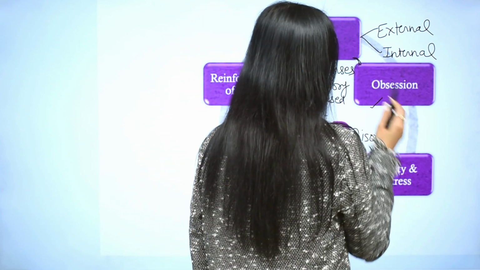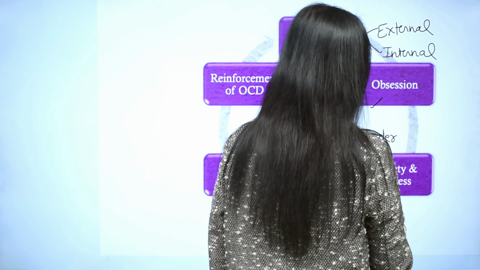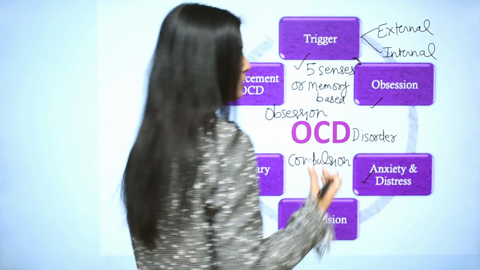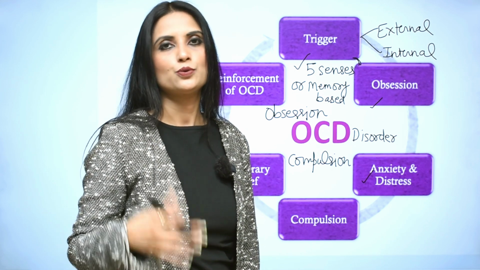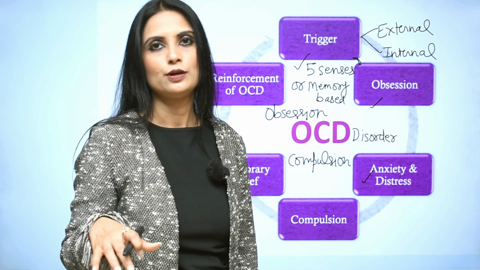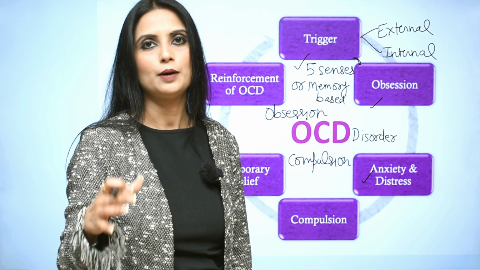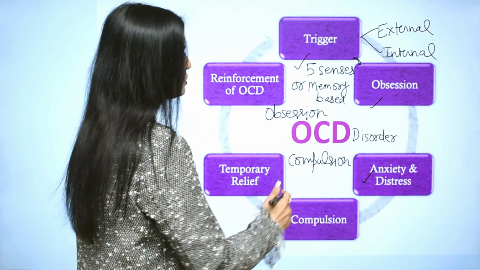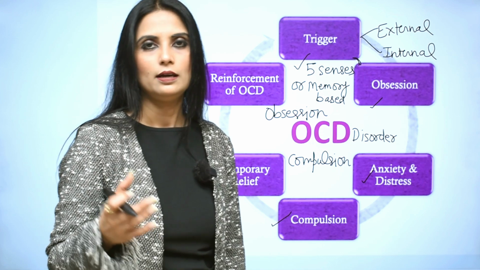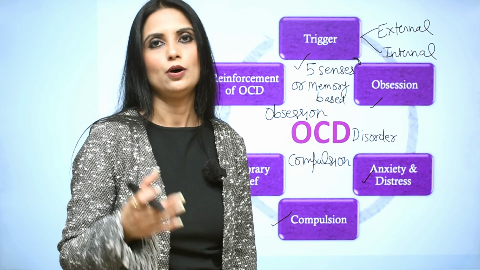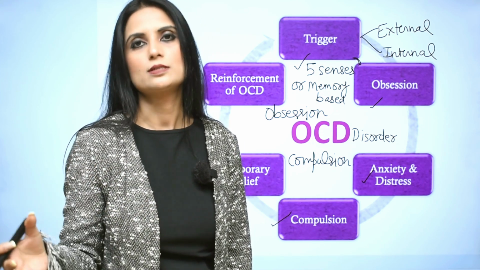And because of that obsession, they feel anxious, distress, fear. And to release that anxiety, to release that discomfort, to escape from that fear, a person usually does some compulsive behavior. It can be avoidance, it can be taking reassurance, or it can be performing some rituals.